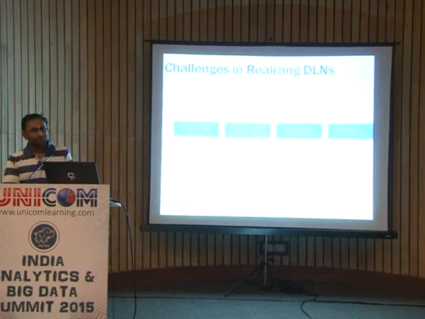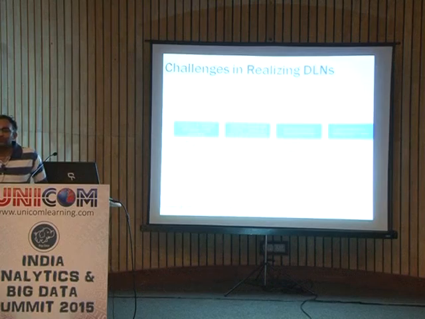Then, of course, what we have been focusing on. I've just given a view of what exactly these deep learning networks are and what the math behind it is, to some extent. And then we've looked at a few applications of it where it's pretty useful. But we are now coming to the other part of the talk, where I'm going to talk about what happens as the number of hidden layers increases.